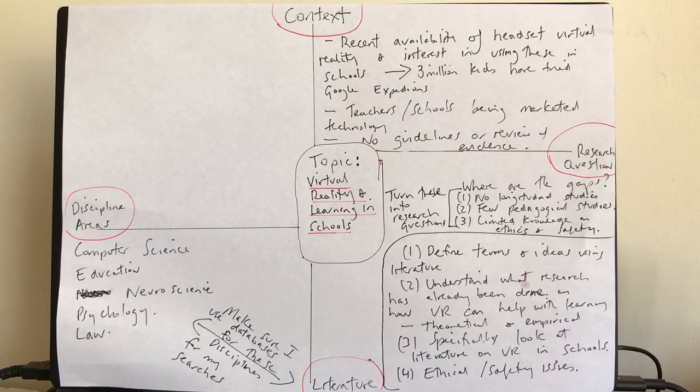Or I could say, what type of instructional strategies are teachers using in relation to virtual reality technologies in primary schools? That could be a question that I could explore and research. Or I could say, what ethical frameworks might best be used by teachers to ensure safe and ethical classroom practice with students and in school communities.